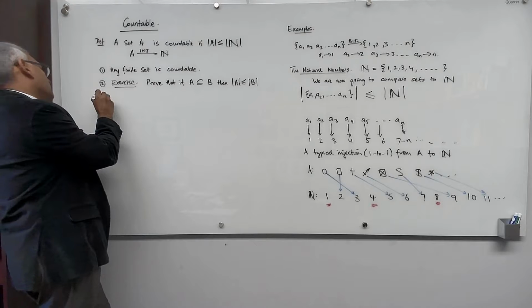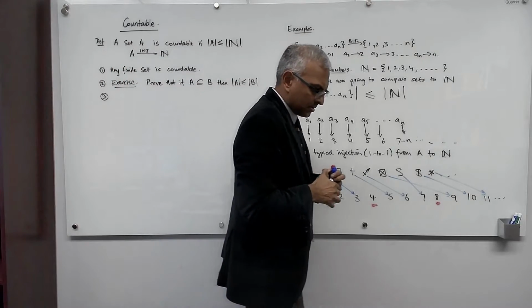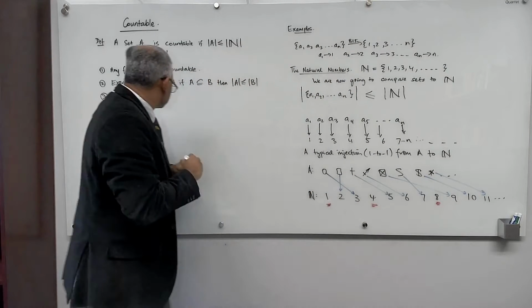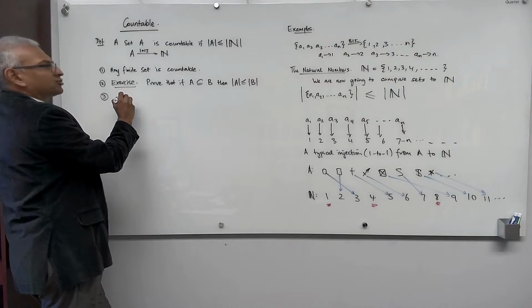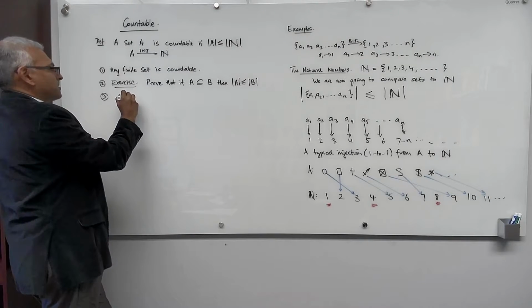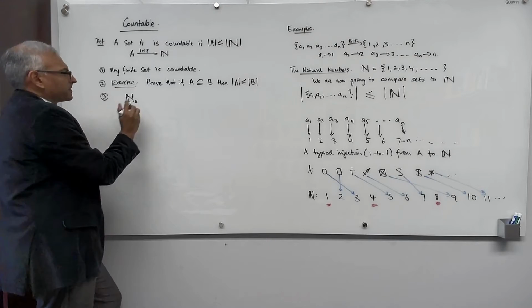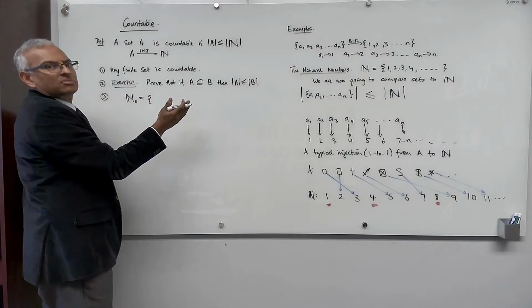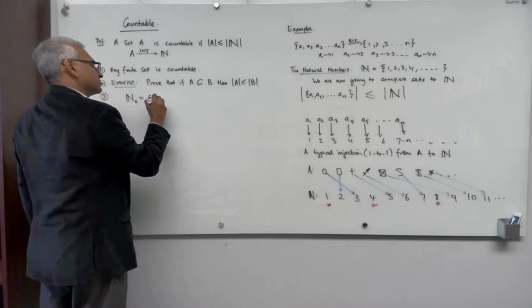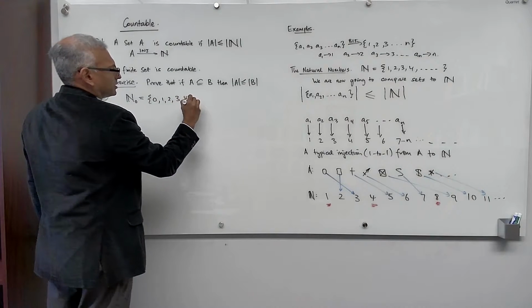So now, okay, I'm going to define 3 sets. I'm going to define the natural numbers plus 0, N0. Well, I'll define actually 4 sets. So N0. This is the set of natural numbers plus 0. So this is 0, 1, 2, 3, 4, and so on.